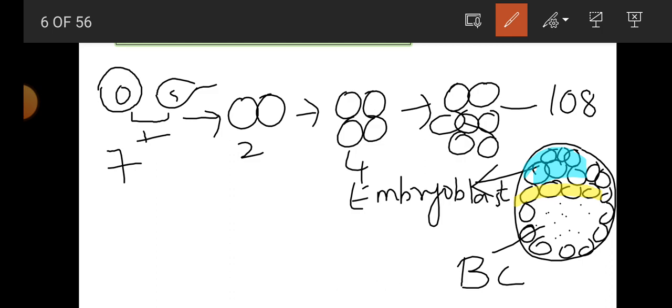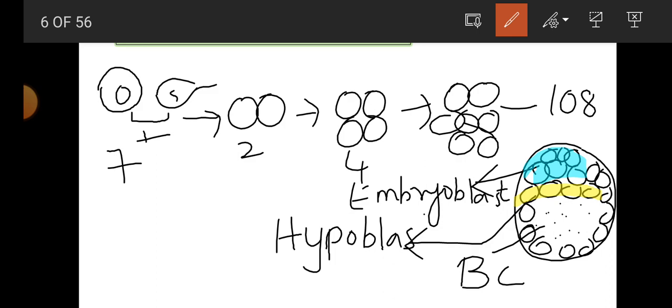So the cells of the embryoblast give rise to the embryo. The cells lining the cavity are below the embryoblast. Below means hypo, so they are called the hypoblast. Now this is the blastocele cavity, and you have 2 different layers of cells within it.